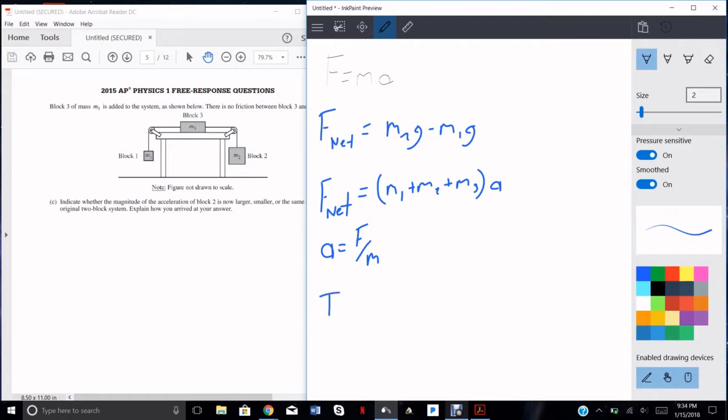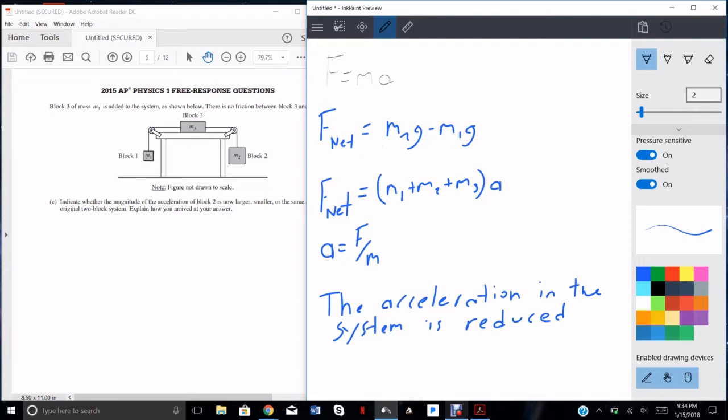So, we know that the acceleration in the system is reduced. Again, this is because acceleration equals force over mass. An increase in mass will result in a smaller acceleration.